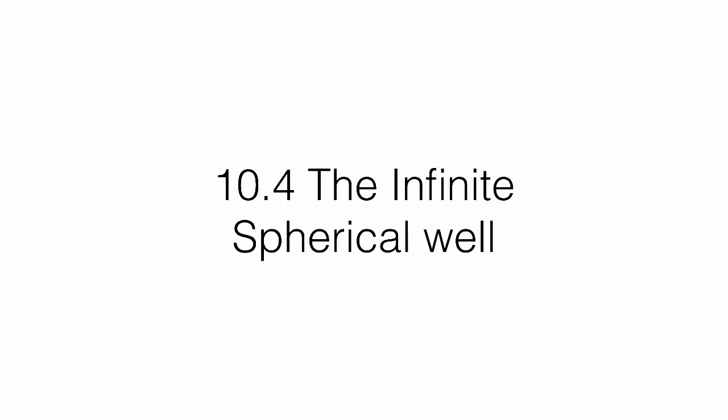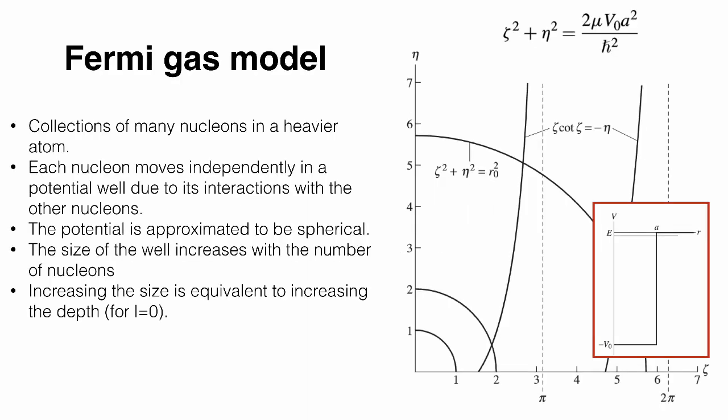And this is going to yield the infinite spherical well. So the idea we are going to follow here is a Fermi gas model. In the Fermi gas model, we are going to consider many nucleons in a heavier atom. We call the interaction we'll look at the mean field approximation.